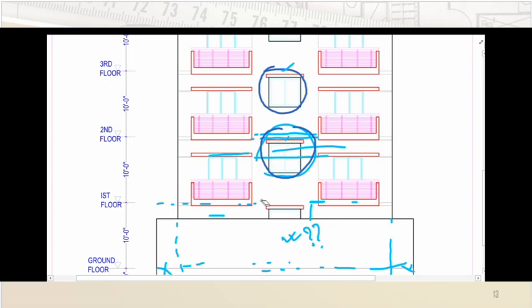For every opening, window or door, you know that for every window there are sunshades. So this is actually the sunshade. So we need to draw sunshades.